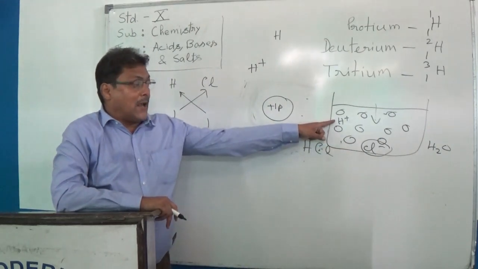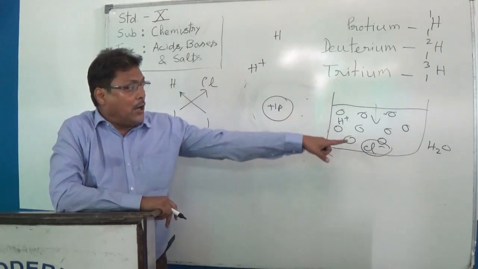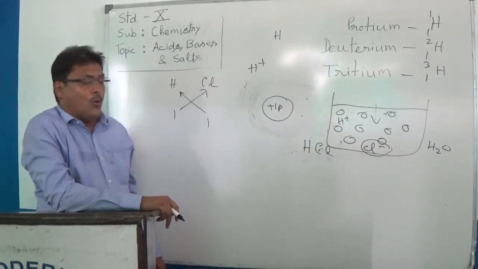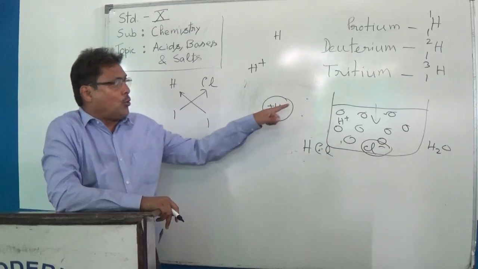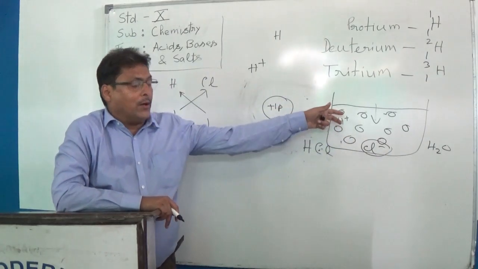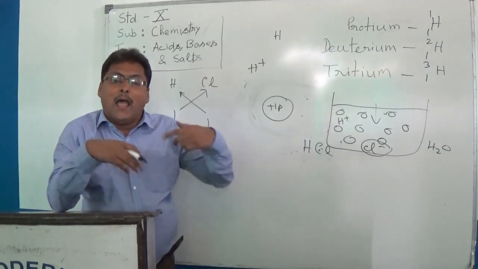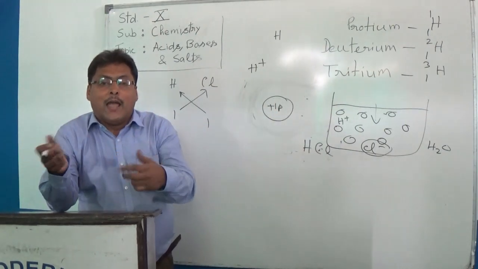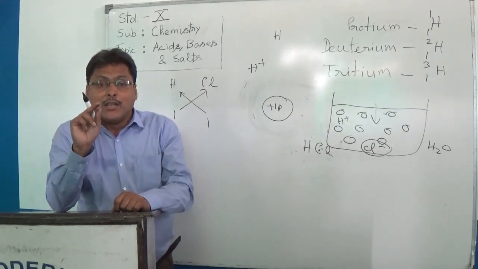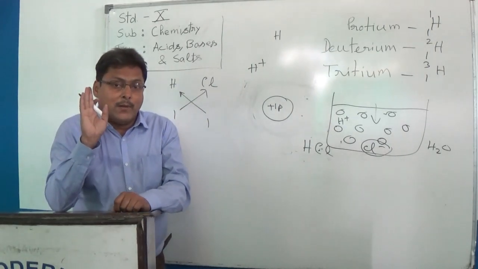Look at these H plus protons that are floating around in H2O. Now what does this proton do when it is alone and in search of another electron, another molecule, whatever, the opposite charge, just to be stable?